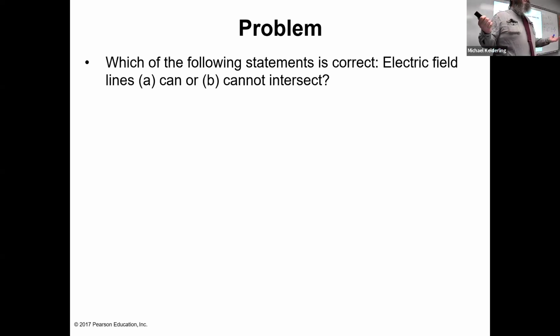And that doesn't make sense. The basic idea is they can't intersect because if they did, that would imply two different electric fields at one point. The only thing that sort of intersects is that they come out of positive charges or into negative charges, but that's not an intersection, it's a termination.